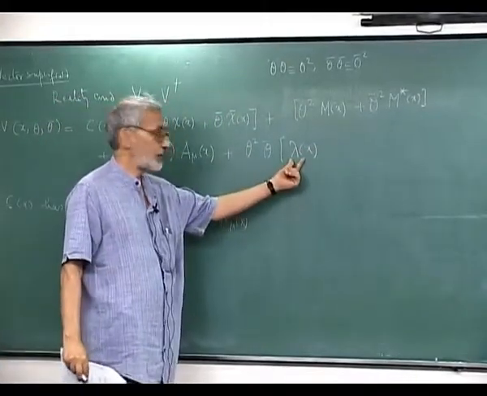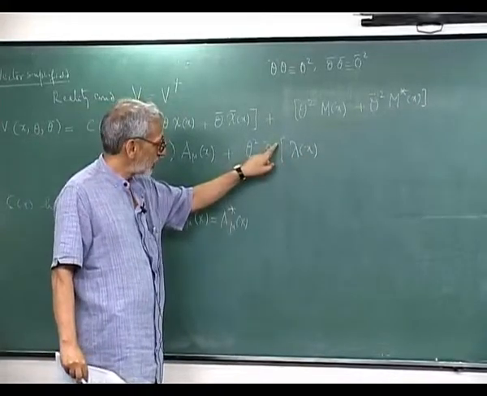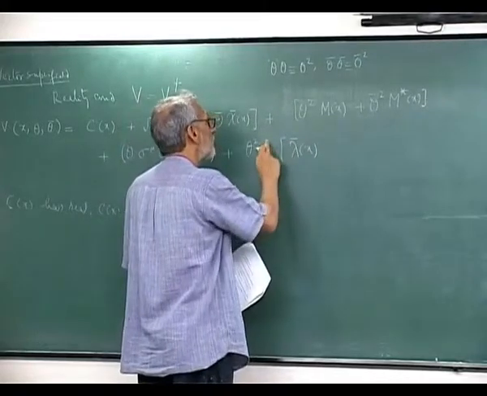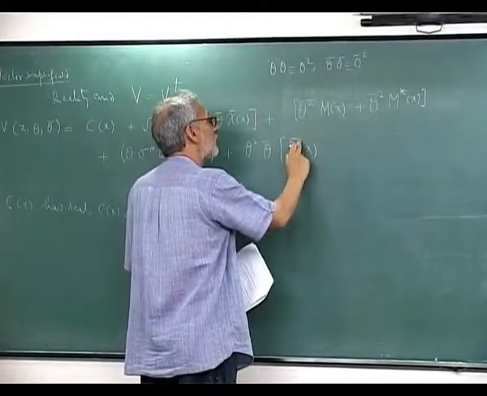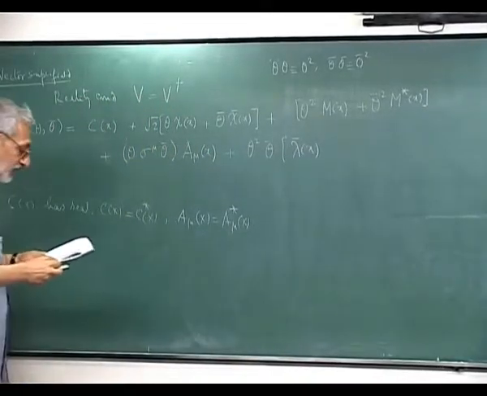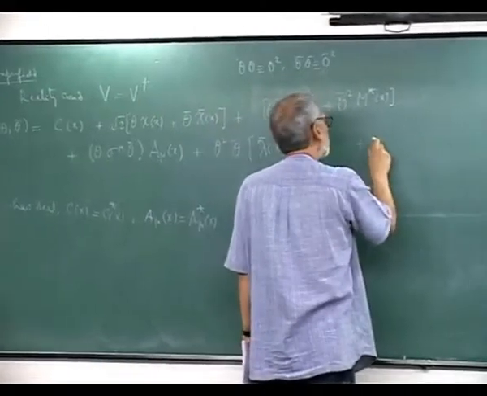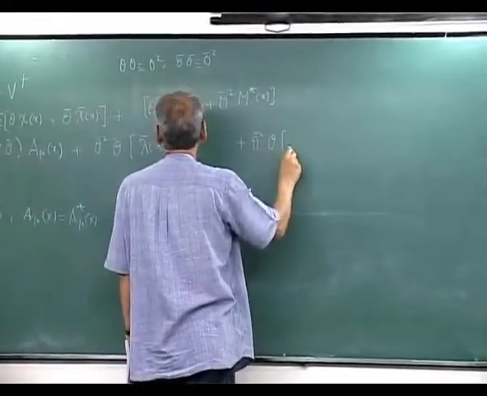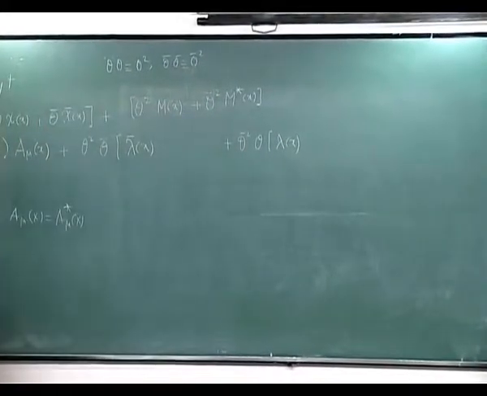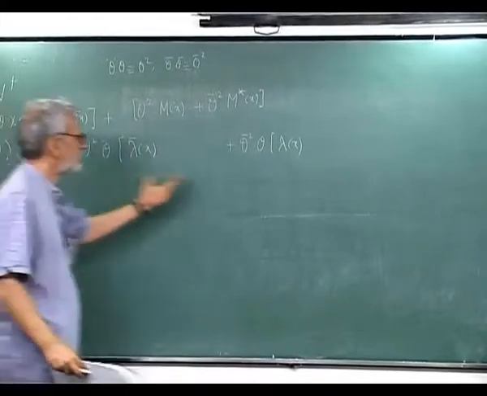This is a fermionic, spinorial object: theta bar alpha dot down, lambda bar alpha dot up. This is not real, so I'll add another term to it, theta bar square, theta times lambda of x. So this and this would be real.